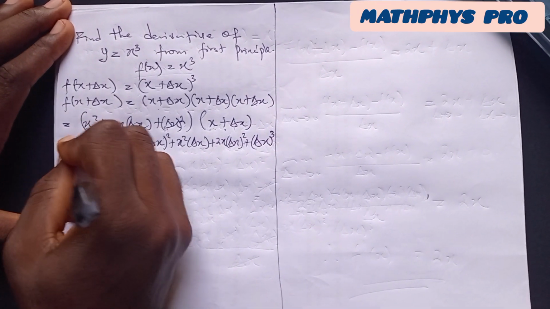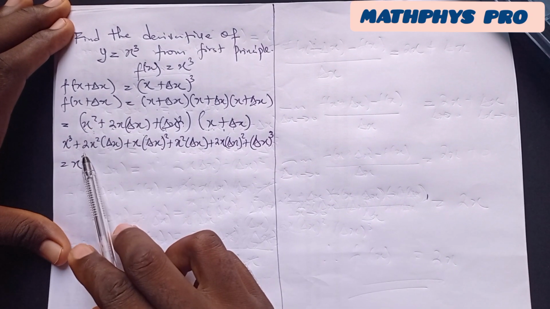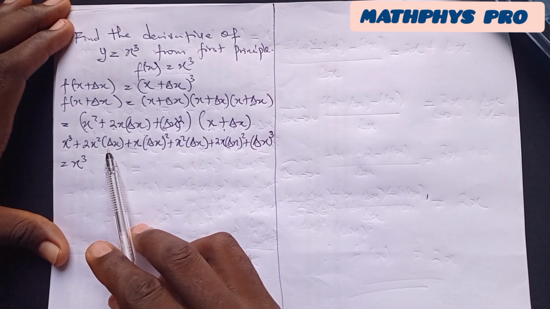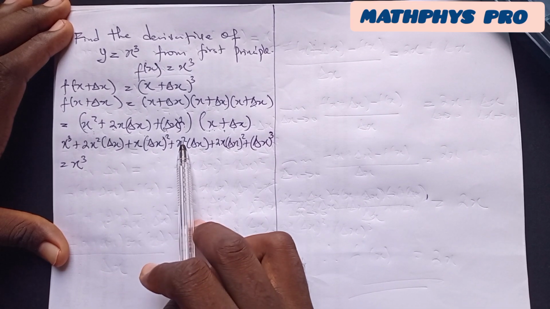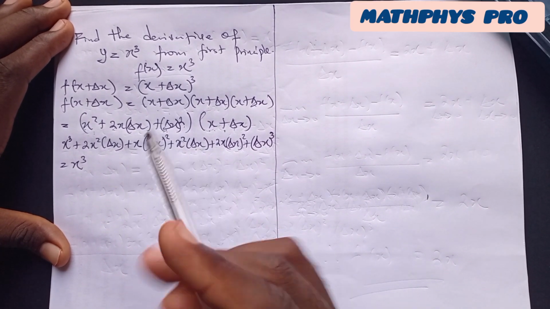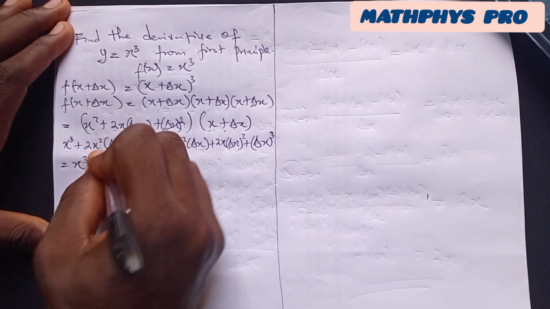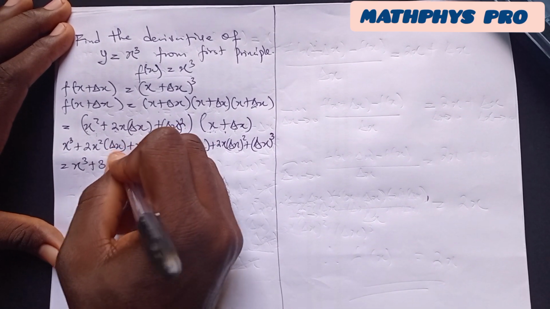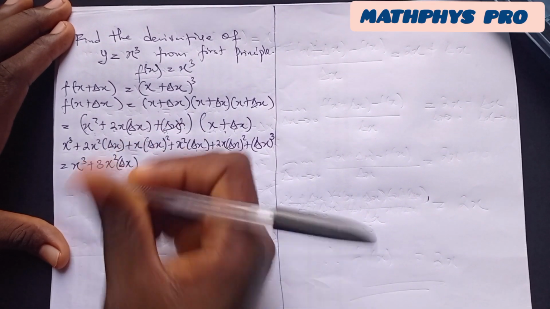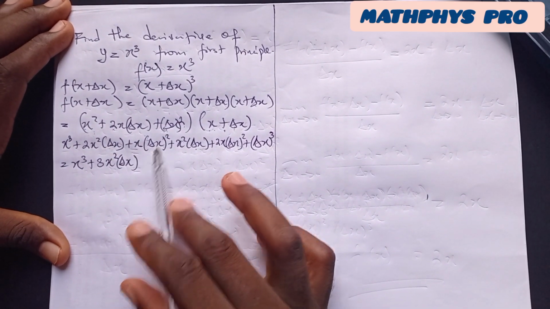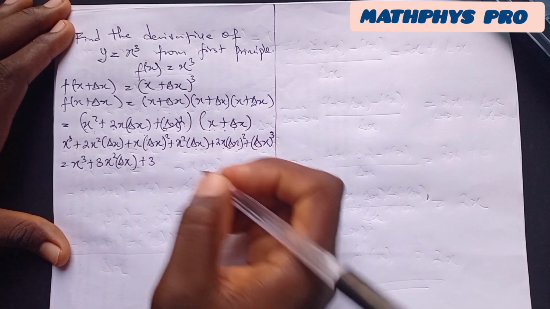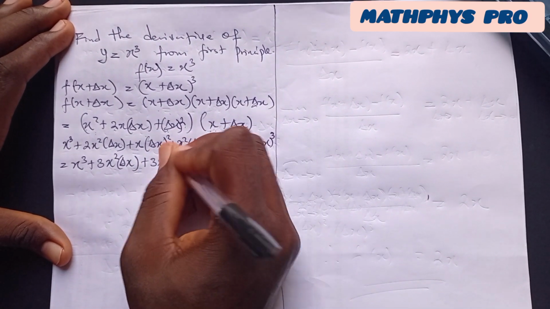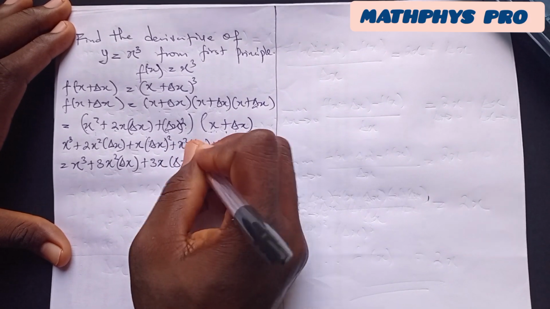Now this is equal to x cubed. We can add 2x squared change in x with x squared change in x, so we have plus 3x squared change in x. We can add x change in x squared plus 2x change in x squared to give you plus 3x change in x squared.